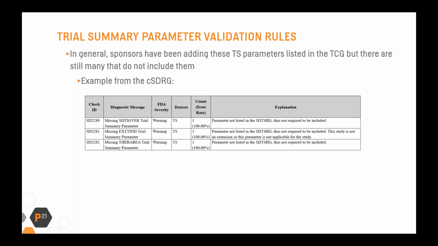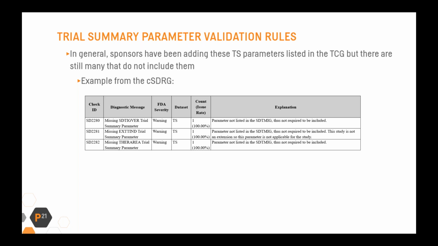So in general, sponsors have been adding these parameters, but there are still many that do not include them. Just in the reviews that I've done, I do still see a lot of these FDA desired parameter rules firing, and then they're being explained in the SDRG. So here's an example of a few that fired, one for the SDTMIG version, one for the extension trial indicator, and then one for the therapeutic area trial summary parameter.